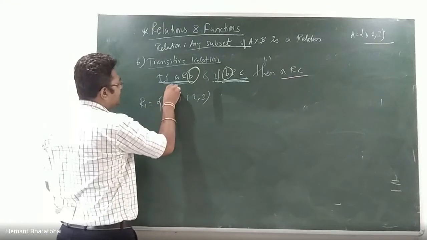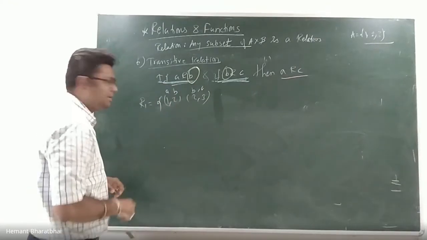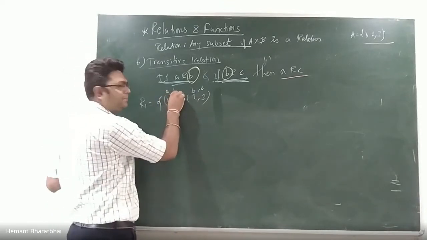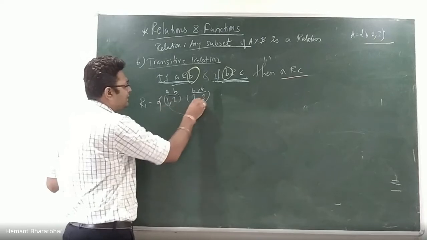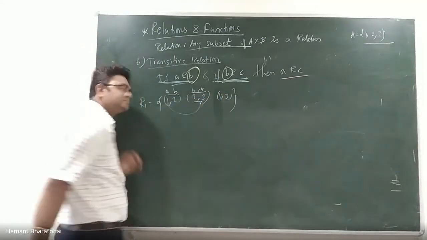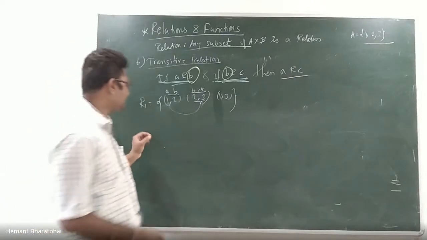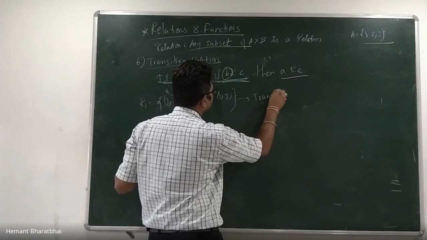So if I am saying this is A, B and this is B, C, then A is related to B and B is related to C. Then A should be related to C. So I should have this element 1, 3. So now I can say this is a transitive relation.